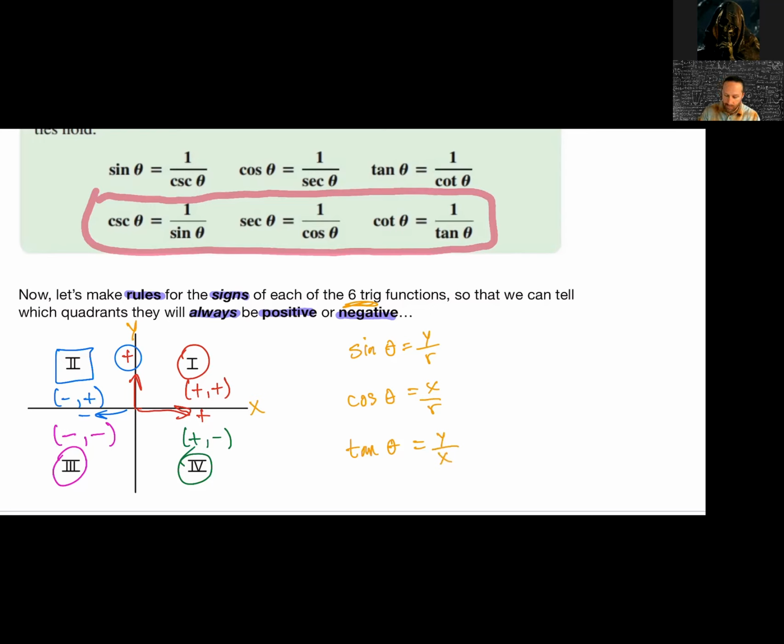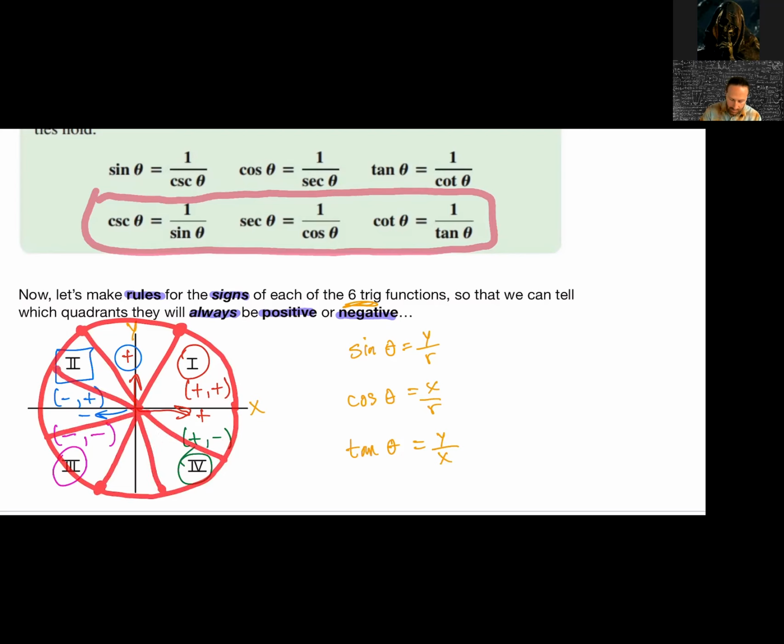Now, remember, if we're at any point, this one, which would be some positive x and positive y, or this one, which is some negative x, positive y, what would the r be anywhere on here? What would my radius length be at any one of these points?